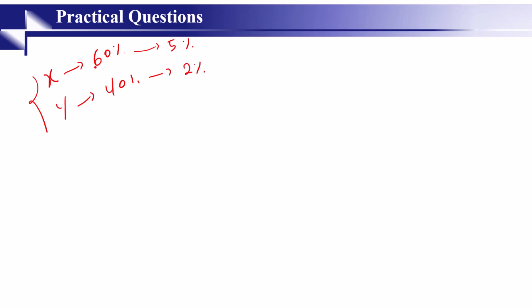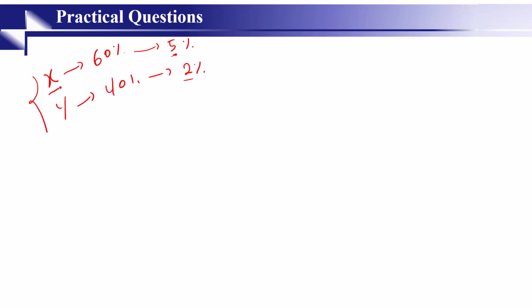It means 5% of the products made by X have a problem, while 2% of products made by machine Y have a problem, right? So if a defective product is found, what is the probability that it came from machine X?